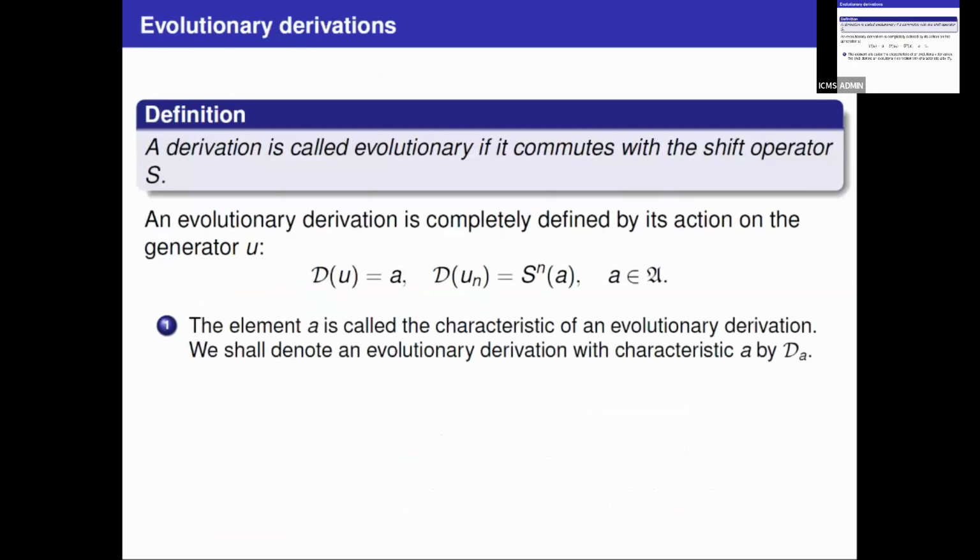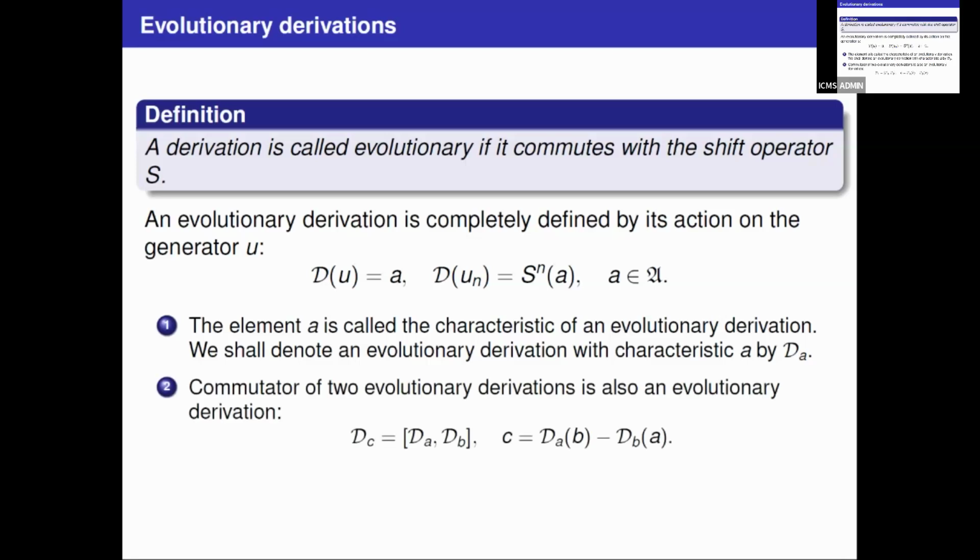An evolutionary derivation is a derivation which commutes with the shift operator. Therefore, an evolutionary derivation is defined just by one element, by the action on u. If we know the action on u, we know the action on u_n, we just shift by n times. This a we shall call the characteristic of an evolutionary derivation.